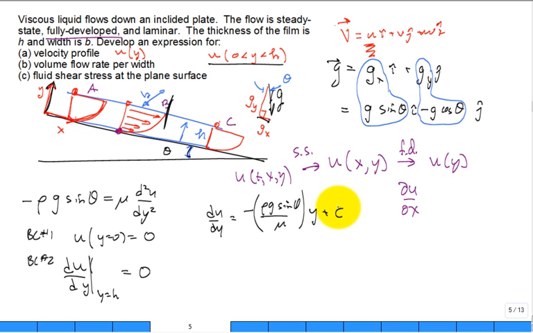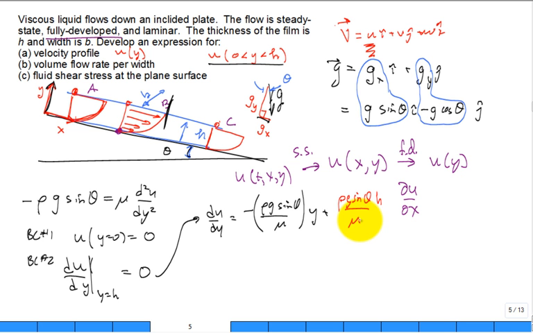So I separated and integrated once, and then I can apply this boundary condition. When I apply that boundary condition, what do we deduce about the constant c? That c has to be equal to rho g sine theta h divided by mu. That's what c has to be, true?